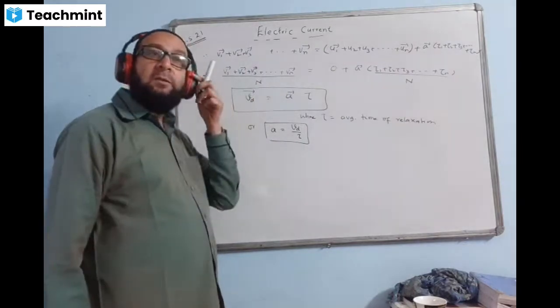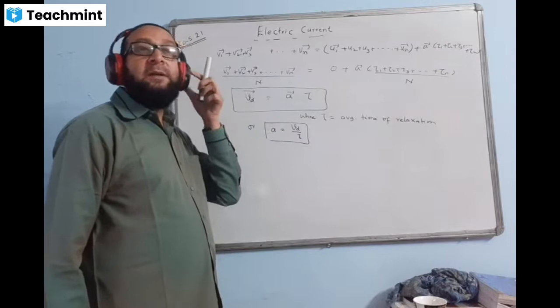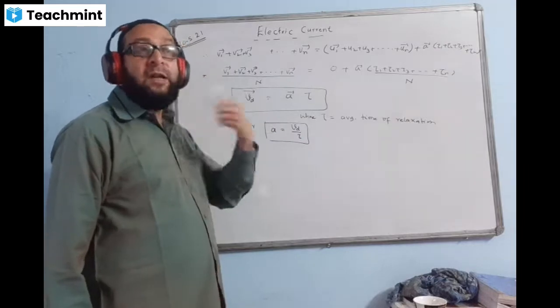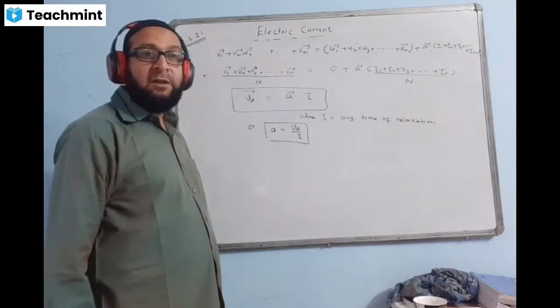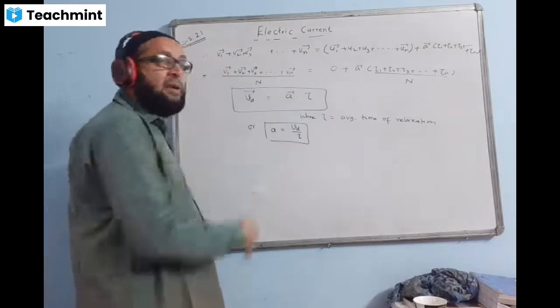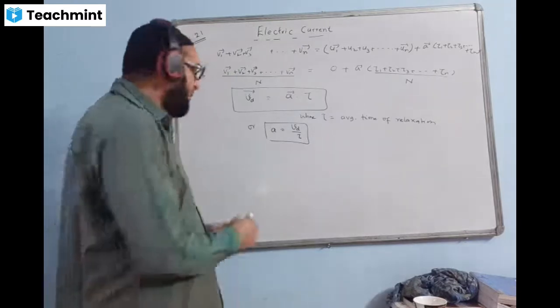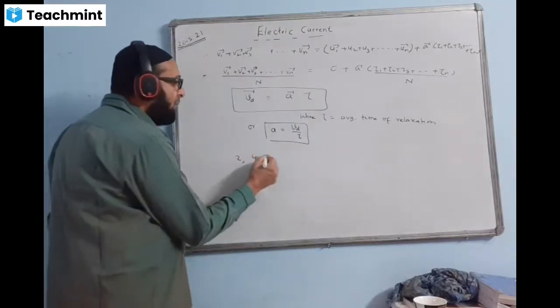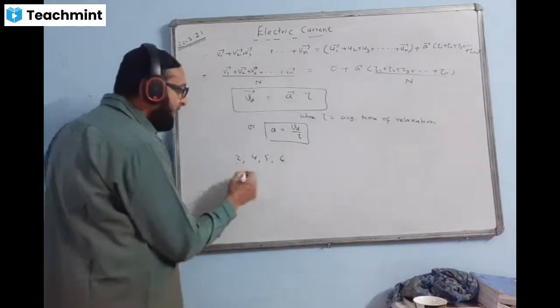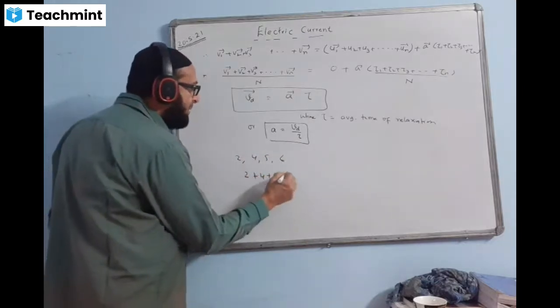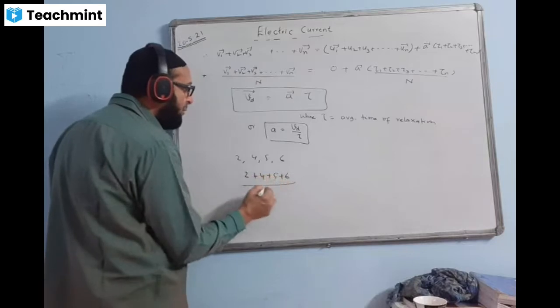What is called drift velocity? You have written the definition of the average velocity, no? How do we find an average, a mean value? Suppose numbers are given to you like 2, 4, 5, 6. How do you find the average? You add them, 2 plus 4 plus 5 plus 6, and divide by how many of them? 1, 2, 3, 4. Divide by 4.